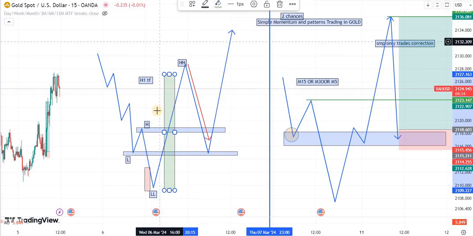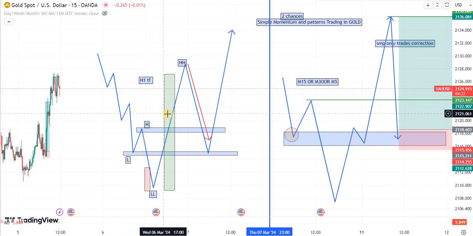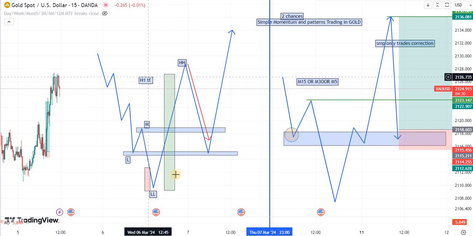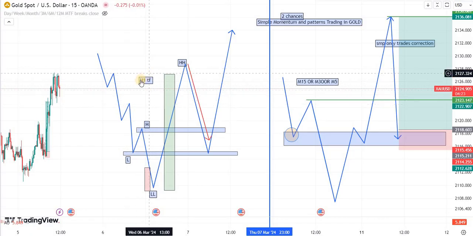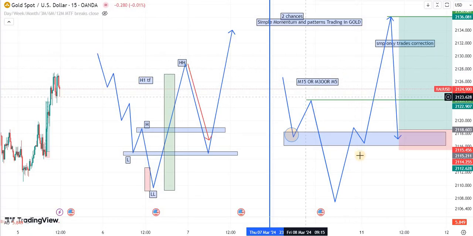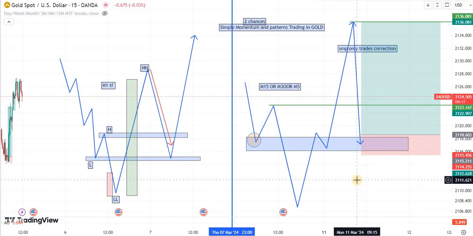So this candlestick will happen in the H4 time frame, and this price action will happen in the H1 time frame. And this is a deeper confirmation. You can take the confirmation by going on the M5 or M1 time frame, as I actually trade with confirmations.